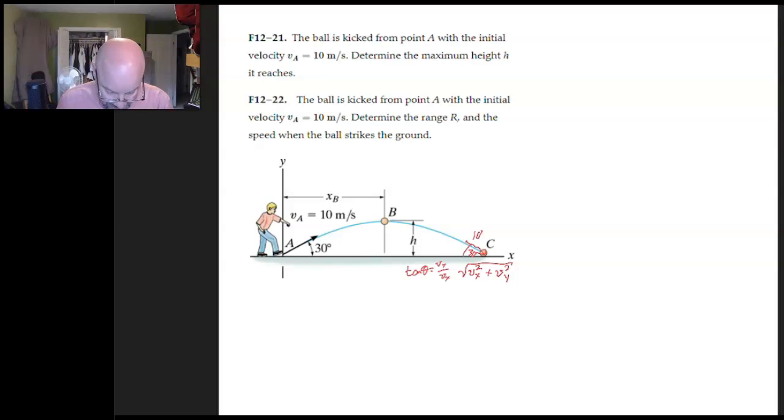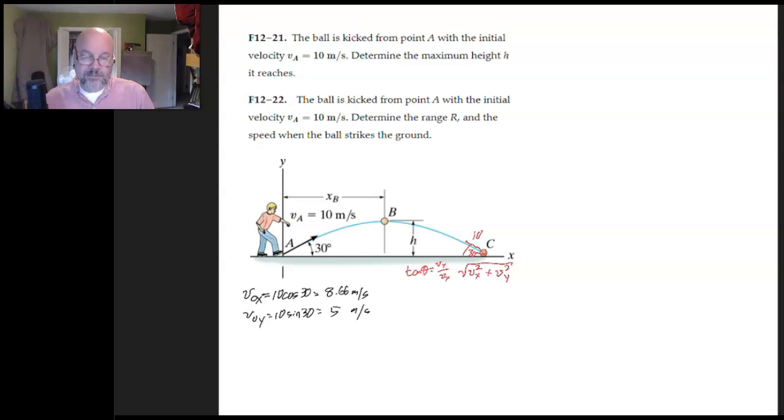V0x is just going to be 10 times the cosine of 30 degrees, and that is 8.66 meters per second. For y, it's going to be 10 times the sine of 30, and that is 5 meters per second.